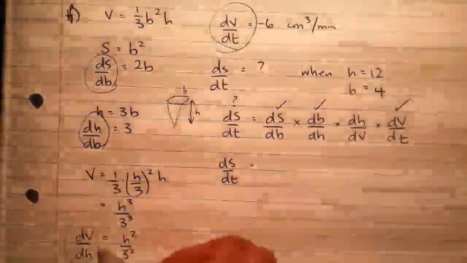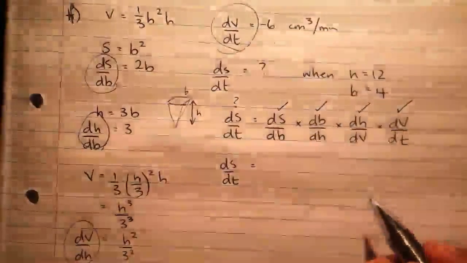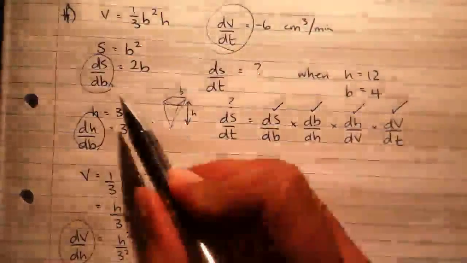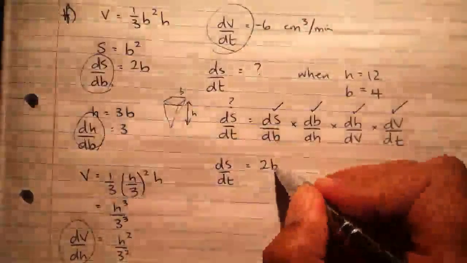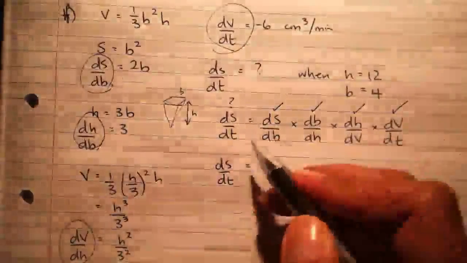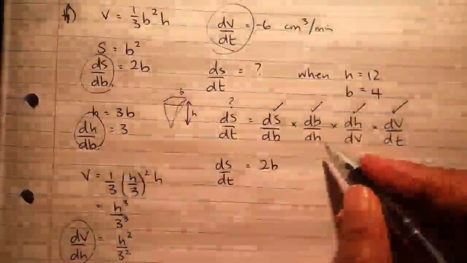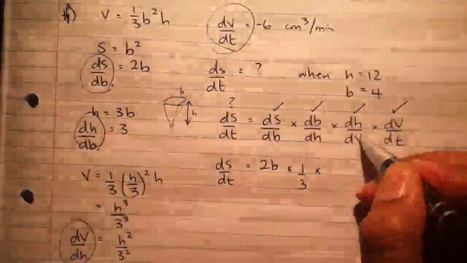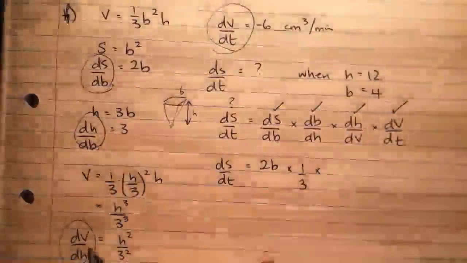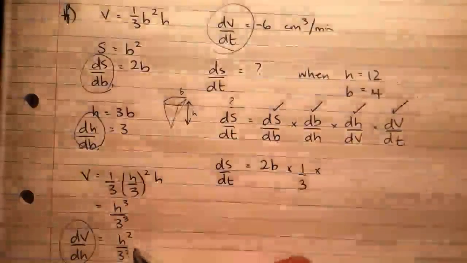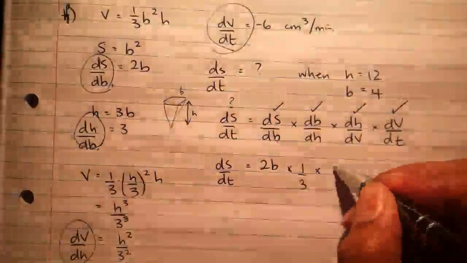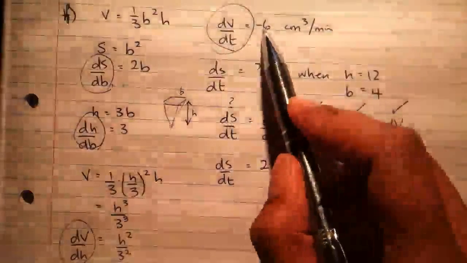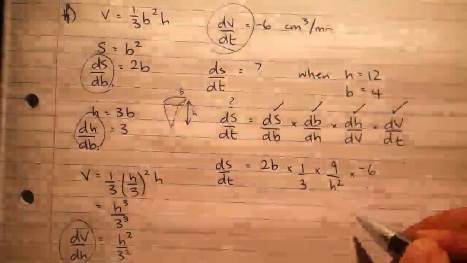That gives me the final piece of this puzzle. So I have dS/dB, which is 2B, and dB/dH is just 1 over 3. For dH/dV, we had dV/dH, so just flip this upside down, we have 9 over h squared. And dV/dt, they gave us in the question, is -6.